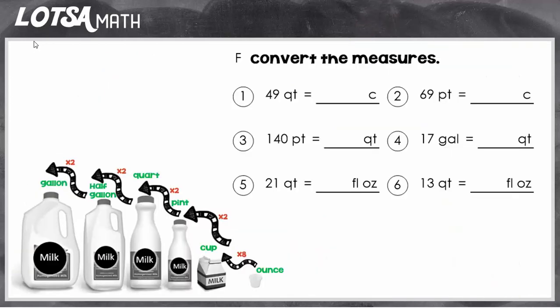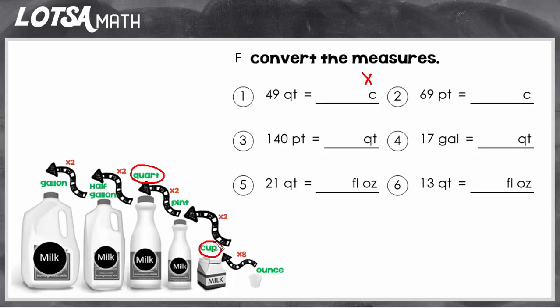For number 1, we see that we are converting quarts to cups. So if this is a quart and this is a cup, we're going smaller. So we're doing horse to fly and we're going to multiply. But what do we multiply by? You have to think about how many are in 1. How many cups are in 1 quart? Well, if there's 2 cups in a pint and 2 pints in a quart, basically what you're doing is multiplying it together.